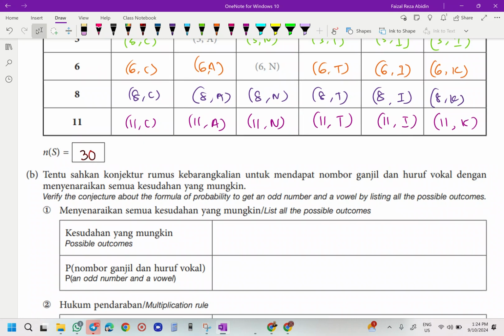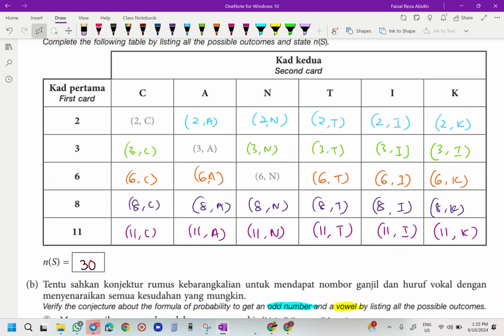Now verify the conjecture about the formula of probability to get an odd number. Now look from your table there. We are going to find here an odd number and a vowel. You must have two conditions satisfied. What is an odd number? 3.